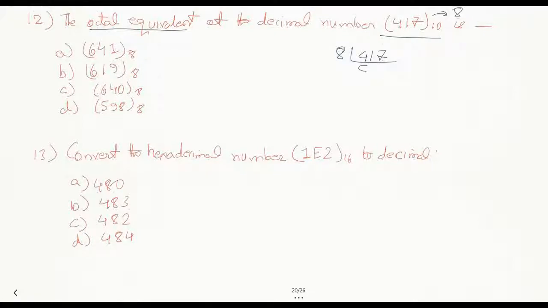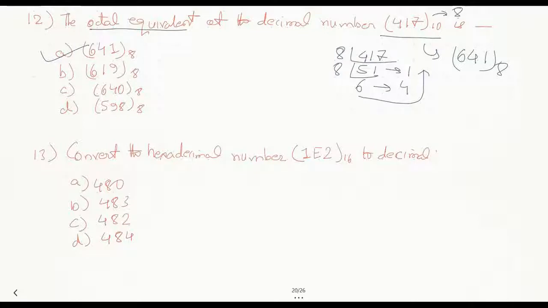So 5 8s are 40, 8 1s are 8, so a remainder of 1. 6 8s are 48, a remainder of 4. Now 6 is lesser than 8, so we'll stop in here and write from top to bottom. So 6 4 1. So the equivalent representation of this decimal number will be 641 in octal. That means option 1 is correct.